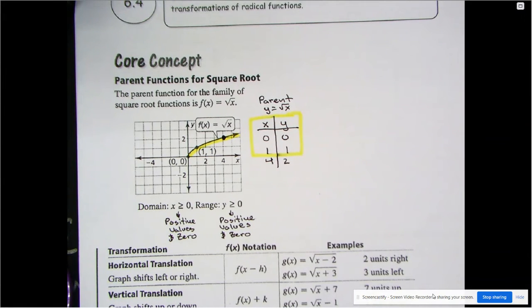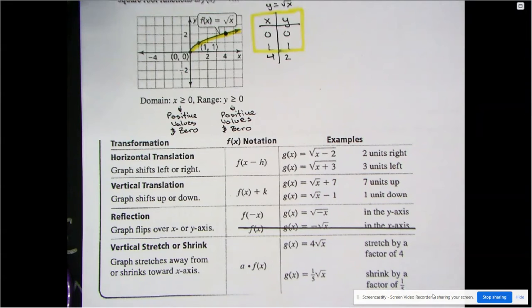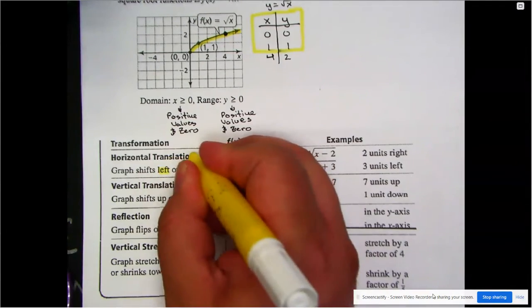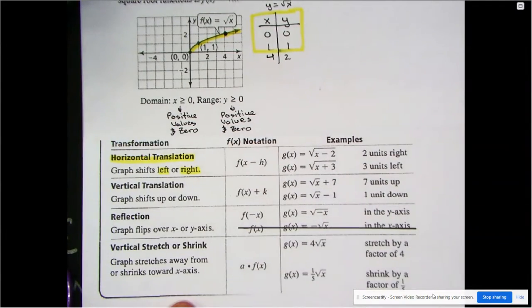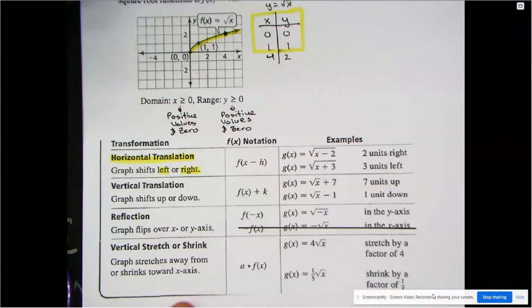So, just as before, we've talked about how things can move. And so here we have a table of how things can move, especially when you see a parent function like the square root of x. So when we move to the left or to the right, right? So this is a horizontal translation. That only happens if it's inside of parentheses. Well, in this case, there's no parentheses.